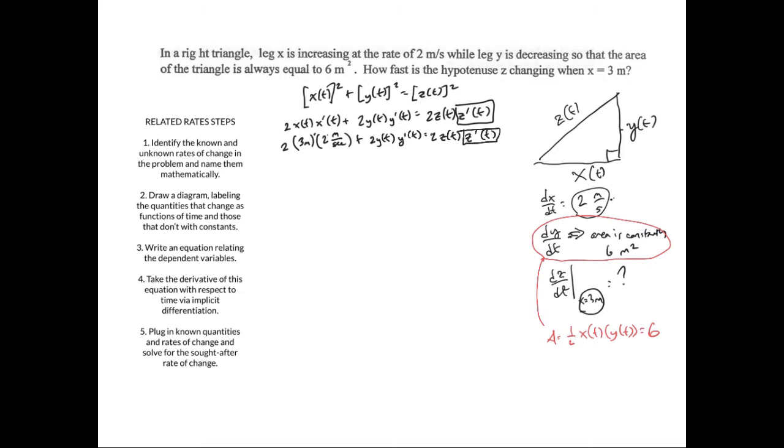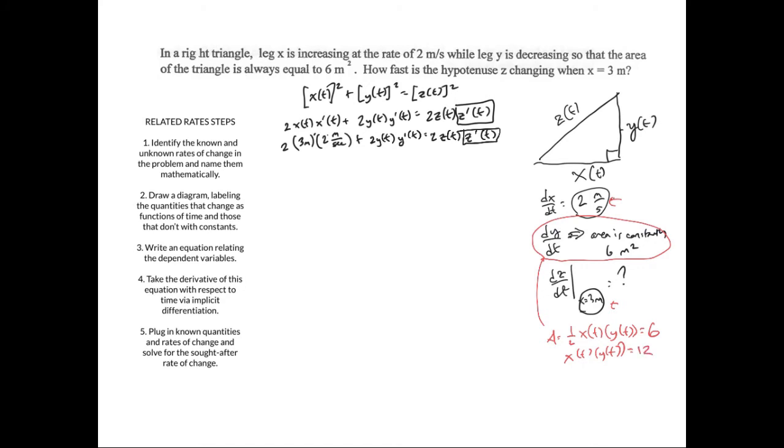Since I know information about x at the instant that I have and dx dt at that instant, I can use that to get y and y prime. So this is what that's going to look like. I've got x of t times y of t equals 12.